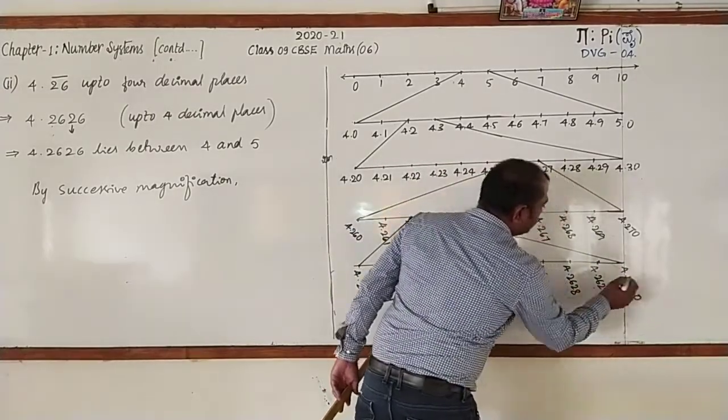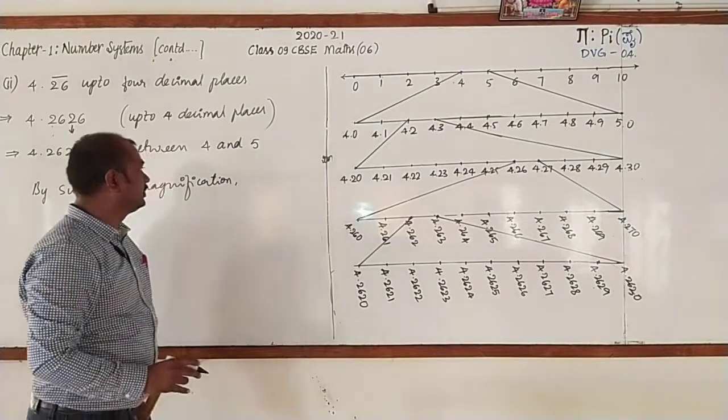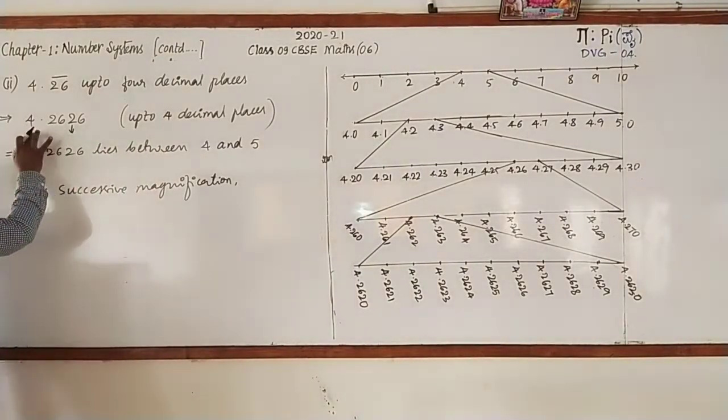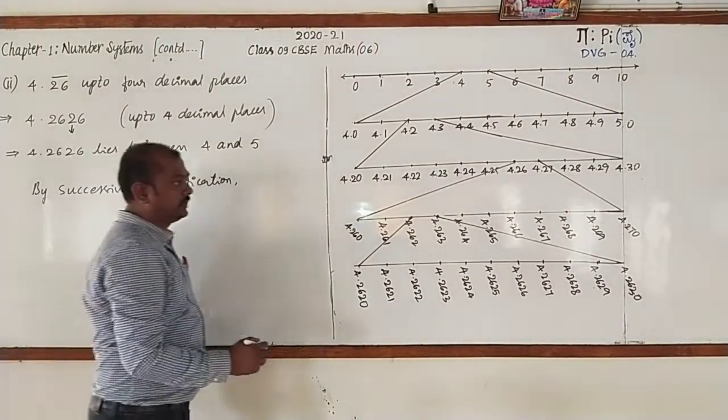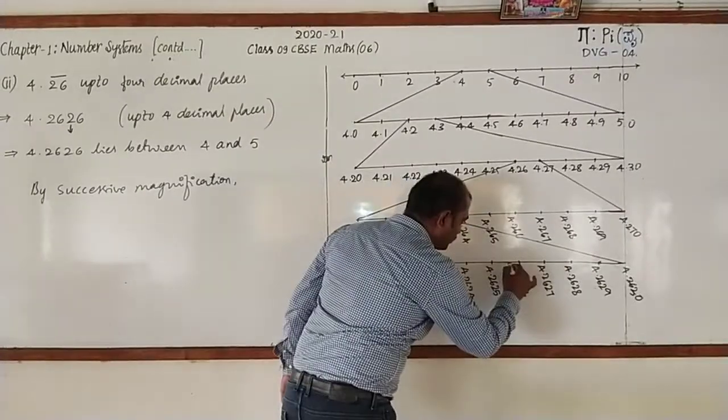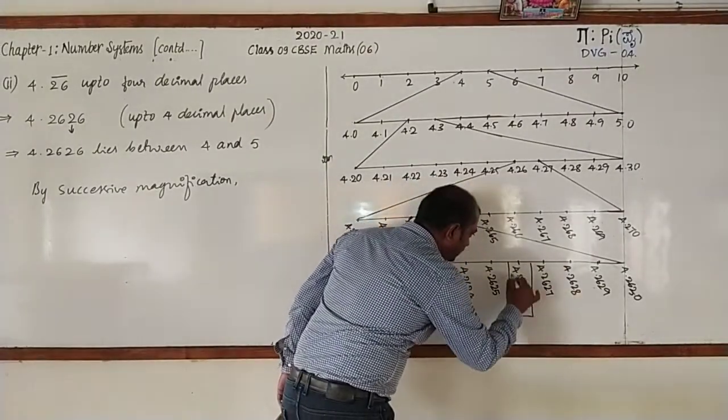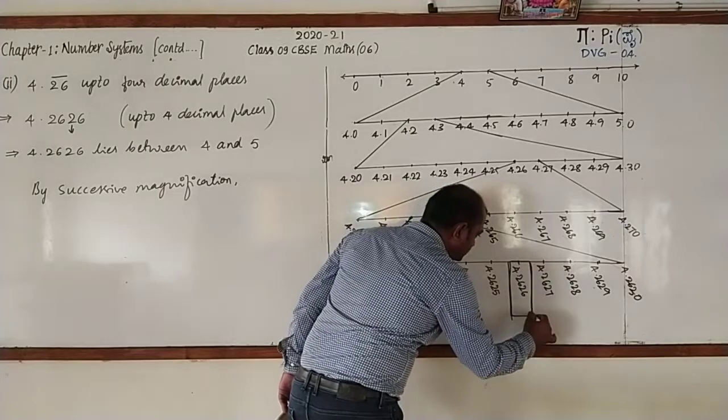And this is 4.2630. What is the given number? It is 4.2626. Here, where is it? Here, 4.2626. I am highlighting this with the box.